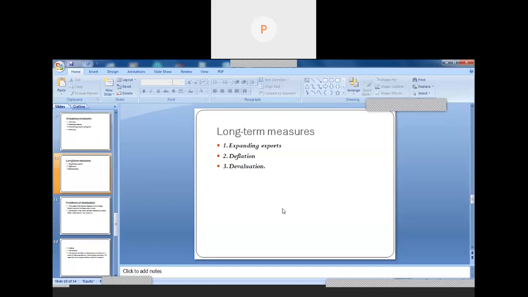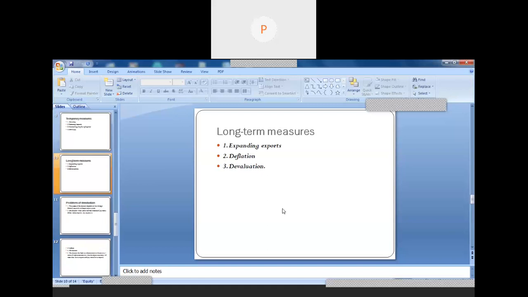Now, the next point which I have written is devaluation. Devaluation means that there is a reduction in the value of the nation's currency, that is, the rate at which it can be exchanged into other countries' currencies. By devaluating a currency, a country can make its products cheaper to foreigners. And if the products of the country are made cheaper for foreigners, it will encourage the export.